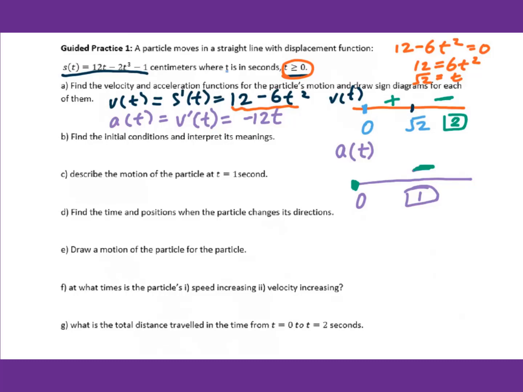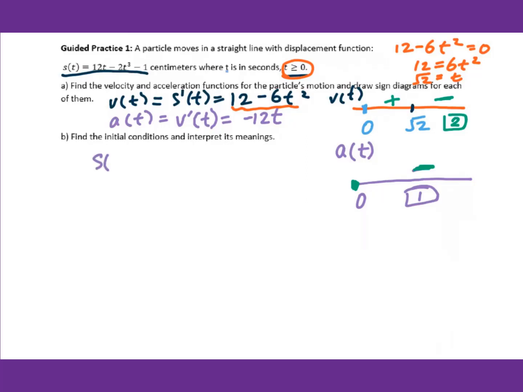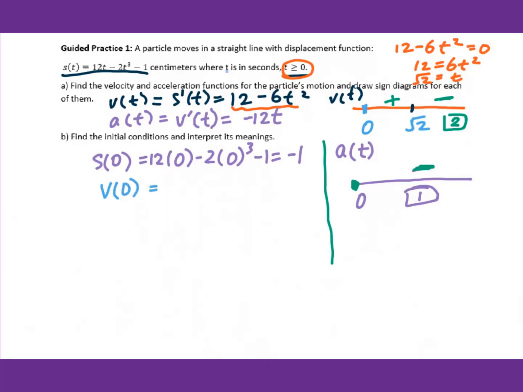B. Find the initial conditions and interpret their meaning. s of 0, we plug in 12 times 0 minus 2 times 0 to the third power minus 1, which equals negative 1. And we have v of 0 equals 12 minus 6 times 0, which equals 12. a of 0 equals negative 12 times 0, which equals 0.